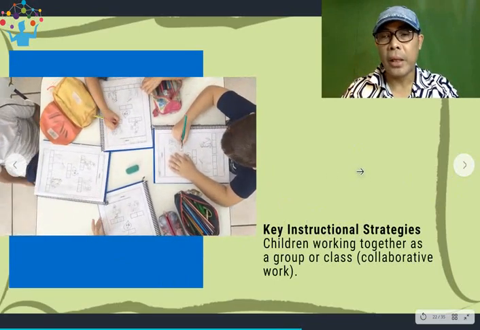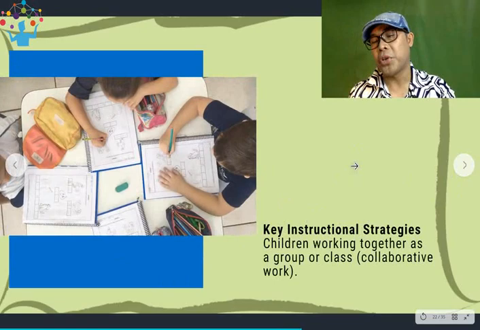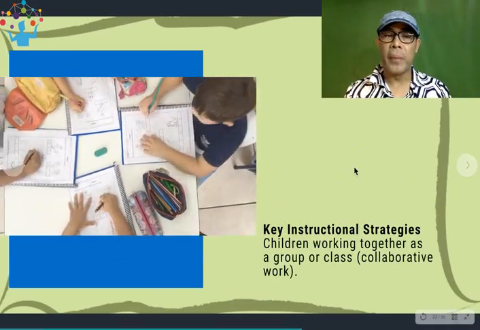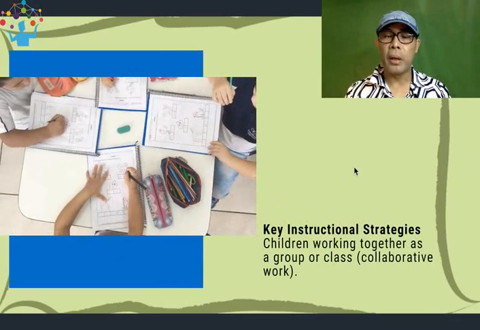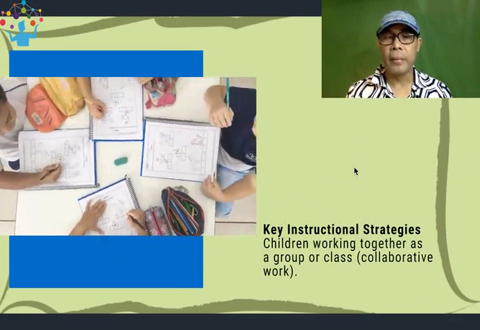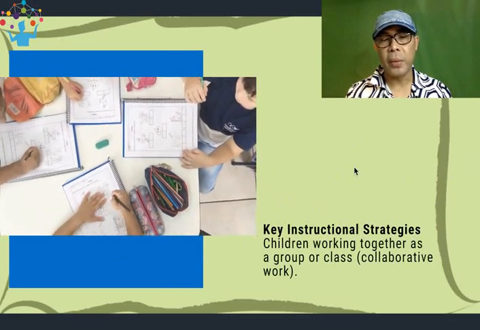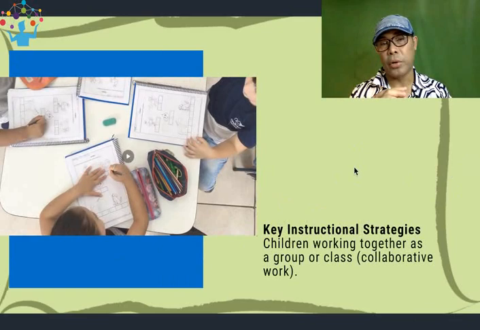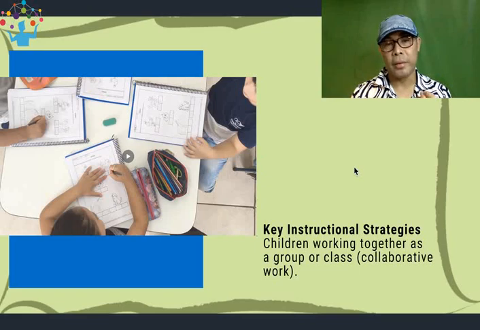Next, let's get into more specific instructional strategies in using the constructivist theory of learning. You're very much familiar with this one. Children work together as a group or a class, a collaborative work. In constructivism, they maximize group work.